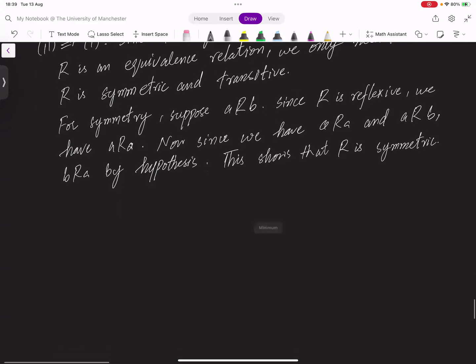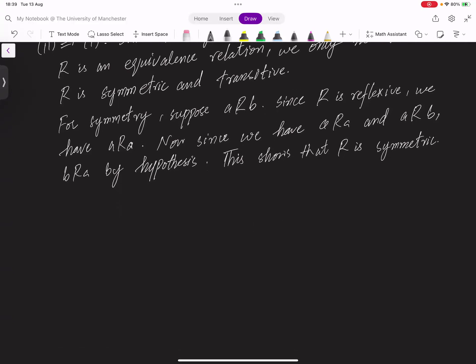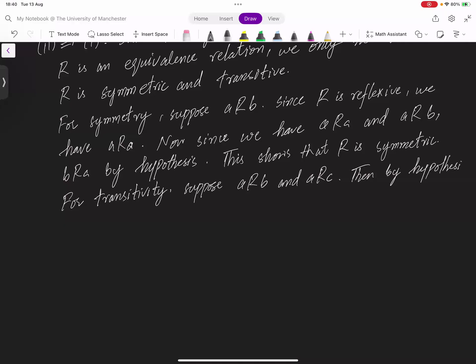Correct. For transitivity, suppose a is R related to b and a is R related to c, then by hypothesis, c is R related to a, which was given in the question.